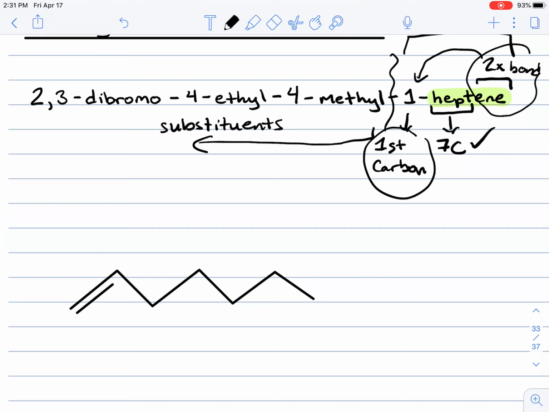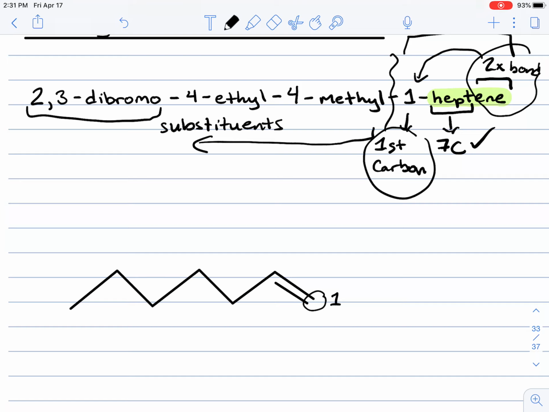Here I have 2,3-dibromo. This is telling me that I have to place it on the second and the third carbon. Now, if I refer to this carbon on the left as carbon number 1 arbitrarily, and actually you can do this backwards too, so I apologize for not mentioning that. If you wanted to identify that the carbon on the right is carbon number 1, you can go ahead and do so.